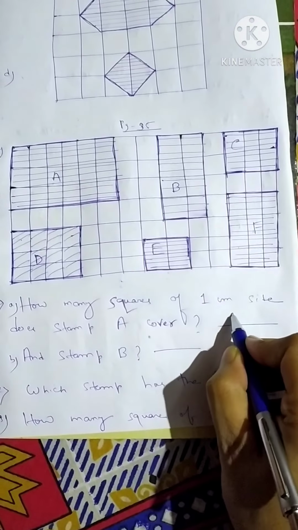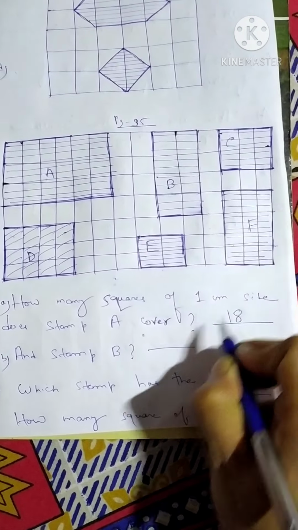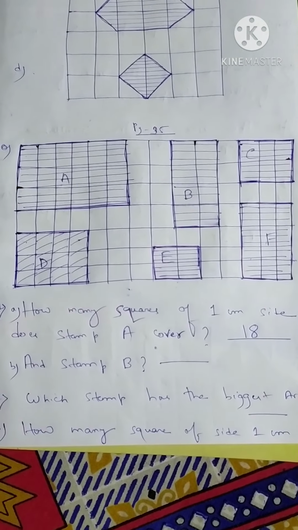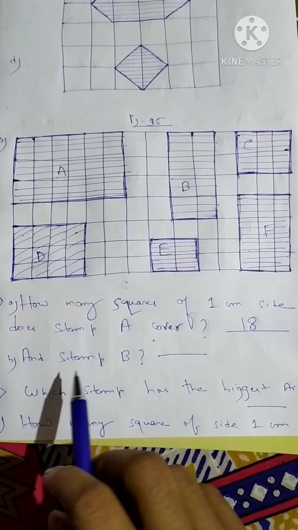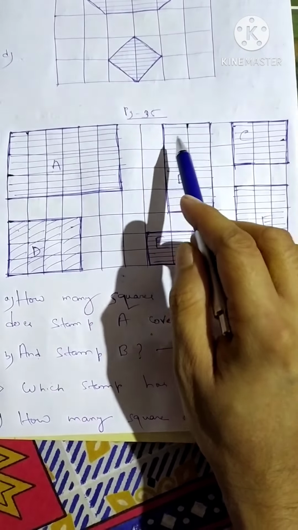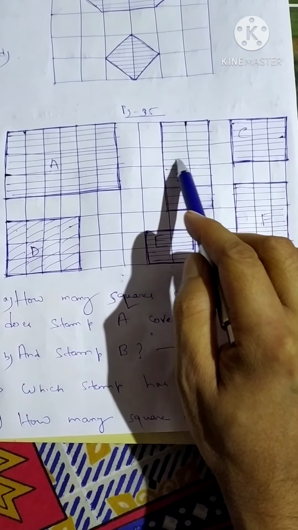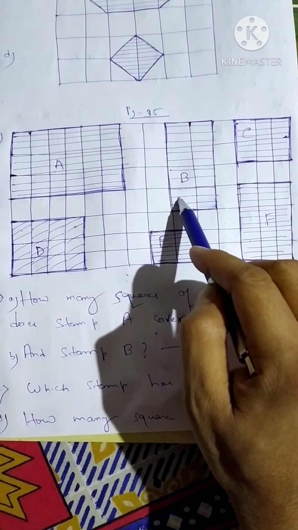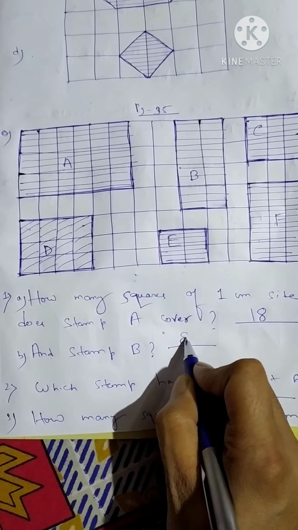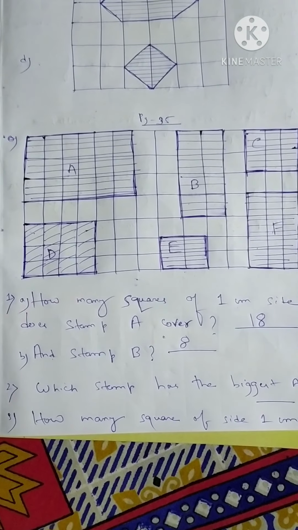Your answer will be 18. And stamp B, you also have to calculate. This is stamp B: 1, 2, 3, 4, 5, 6, 7, 8. So here it's 8.